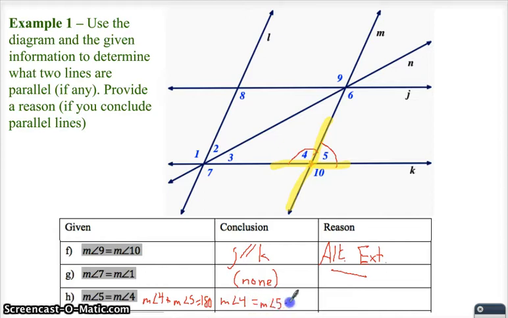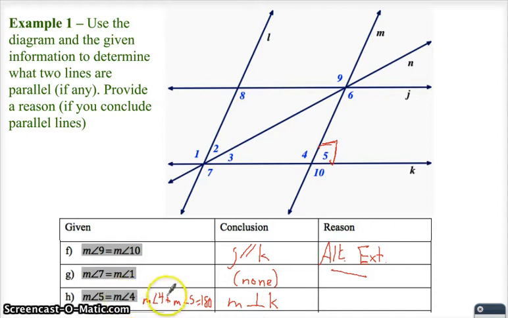If you just do some simple arithmetic there. I could say that they both equal 90, or I kind of like it better to say, if they're both equal to 90, they really look like this. They're right angles. They're both equal to 90, so I can just say M is perpendicular to K. I like saying it that way better.